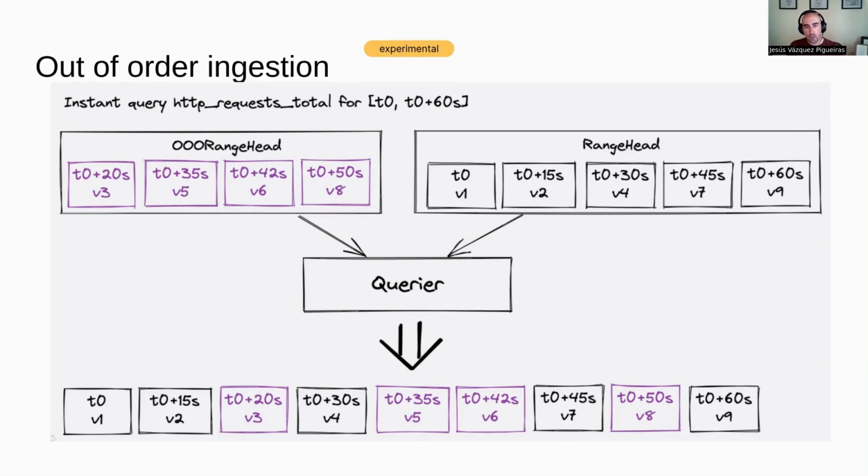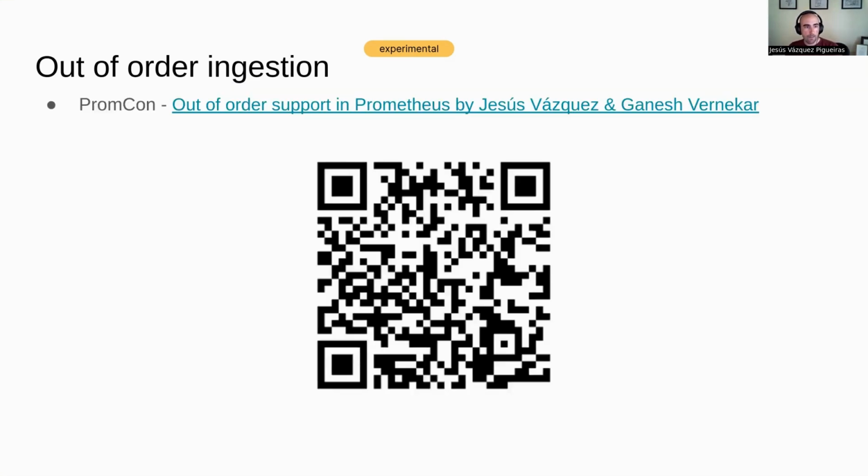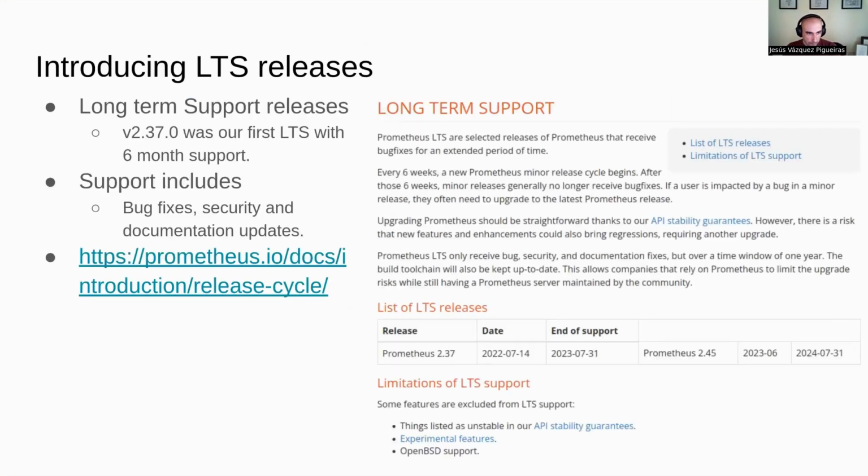Now when a query comes in, we join both heads and give you a nice view of the data, not dropping any samples on arrival, which is what we all wanted. We also had a talk about this at PromCon by me and Ganesh. If you are curious about how this was technically implemented, you might want to take a look.